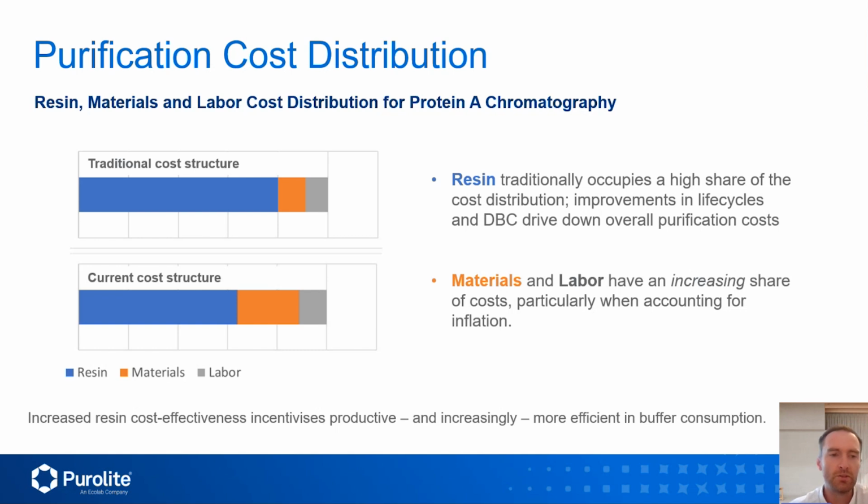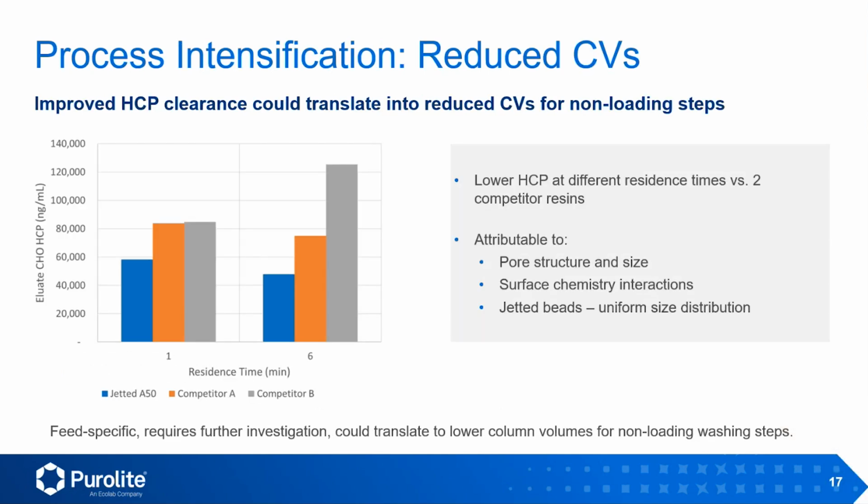So whilst costs might be going up slightly there, the cost effectiveness of those resins over time is coming down. So it's almost deflationary. On the other hand, materials and labor costs, which are subject to inflation naturally, are actually occupying a higher share of this cost structure. So this means there will be more of an emphasis on resin resourcefulness, so getting more performance from the resin just outside of things like dynamic binding capacity, which I'll talk about now.